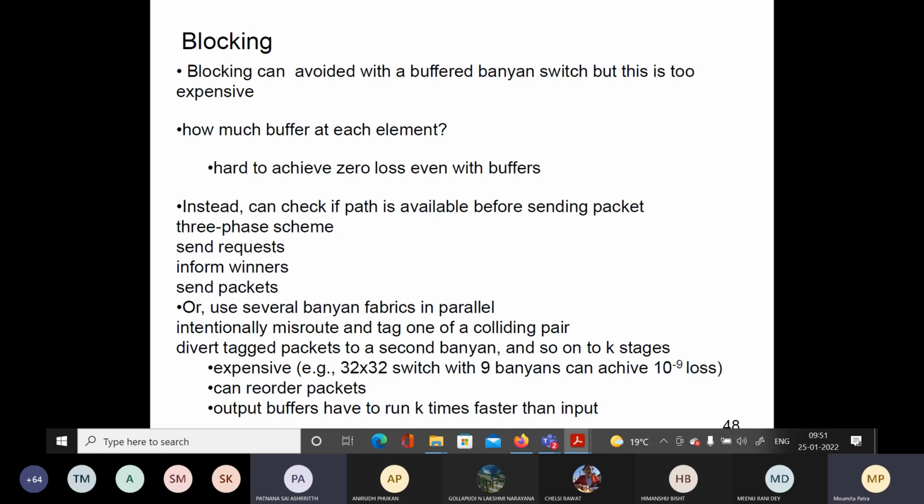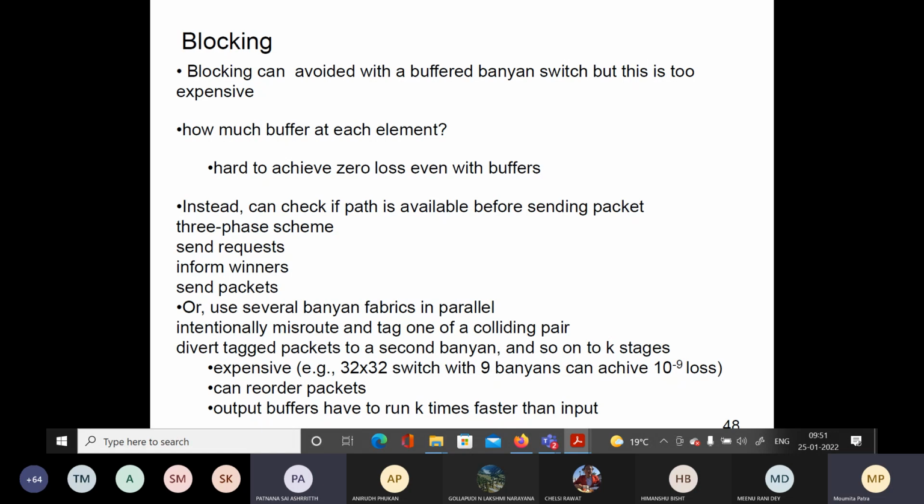Then next, you are intentionally misrouting the packet to the next stage, so that will change the ordering of the packets. Again, you have to reorder the packets at the output port. And what is the one more need that you are having?